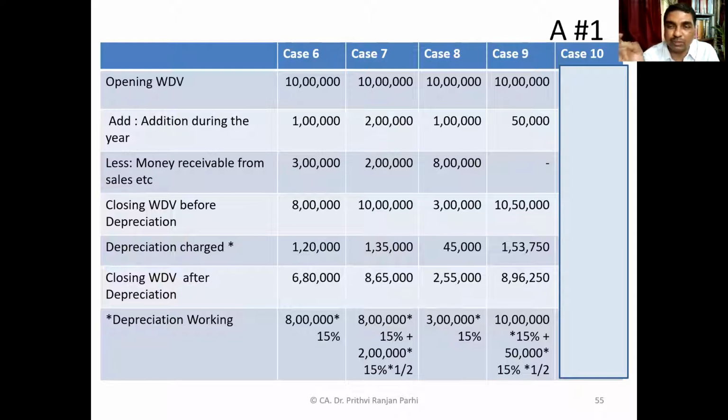So the asset is used for the purpose of business and profession less than 180 days. So consequently, 50% of 15% on 50,000 plus on the remaining 10 lakh rupees, 15%. So total depreciation comes to 1,53,750 with charge. And the closing WDV after depreciation is 8,96,250.